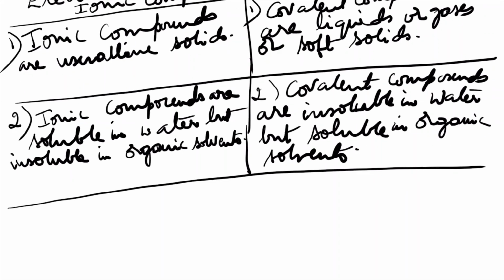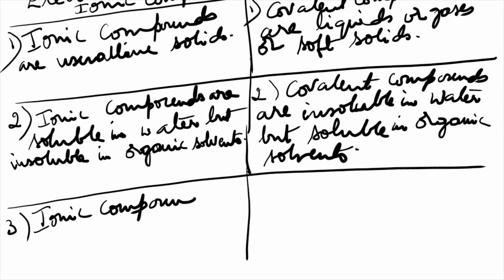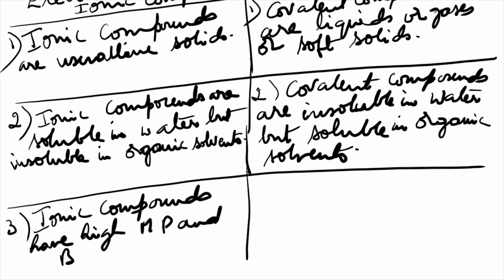Okay, then ionic compounds have high melting and boiling points. Ionic compounds have high melting point and boiling point, whereas covalent compounds have low melting point and boiling point.